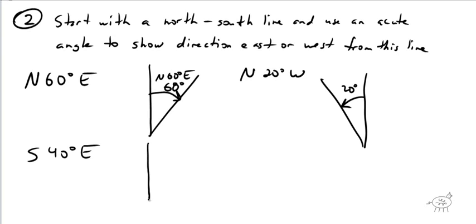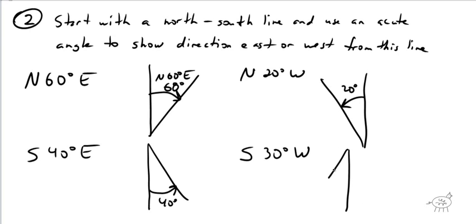Again, you're drawing a north-south line, but now I'm going south first, and then I'm heading east. That would be 40 degrees. And then the last one, if I said south 30 degrees west, that means again I'm going south, but then I'm going west 30 degrees. So I'm going to the left 30 degrees.